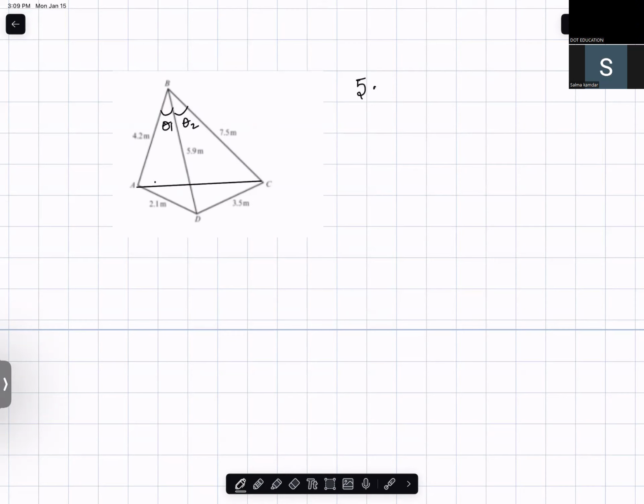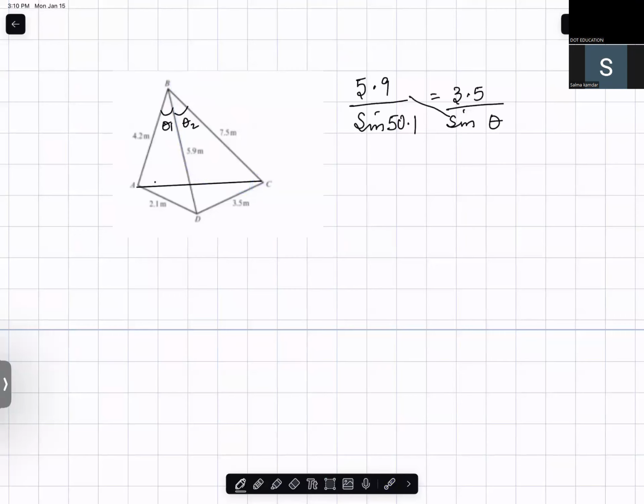I'm using the sine rule here. I have 5.9 over sine 50.1 equals 3.5 divided by sine theta. That is for this angle, because here we have 50.1.